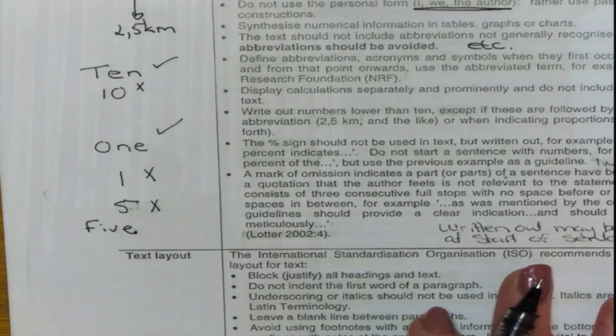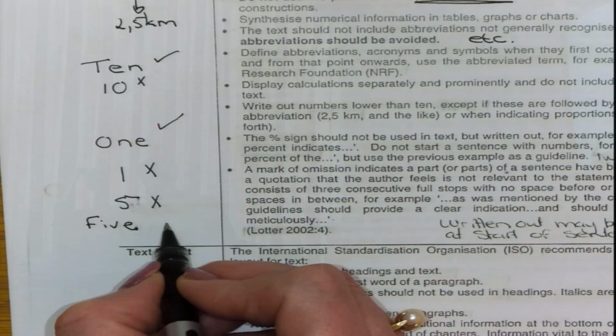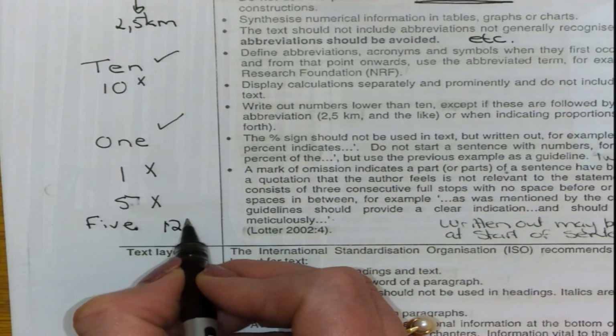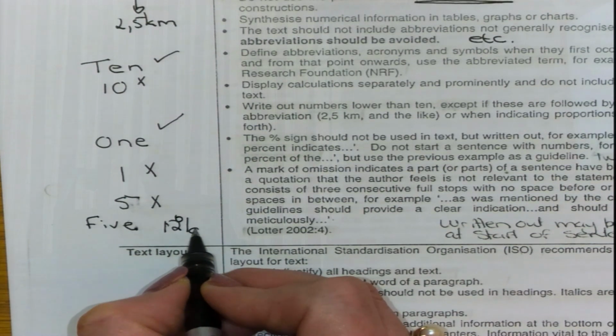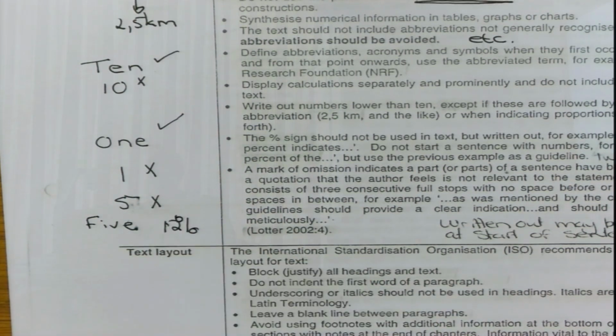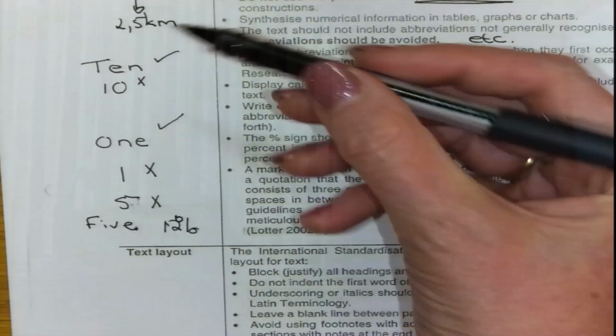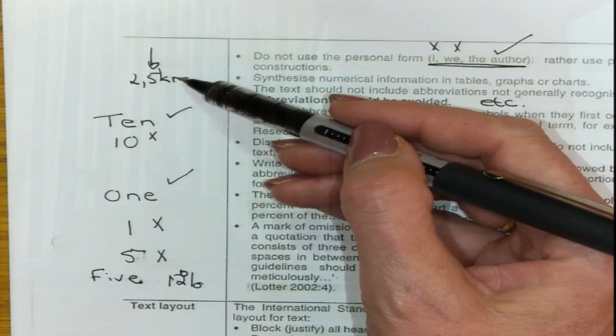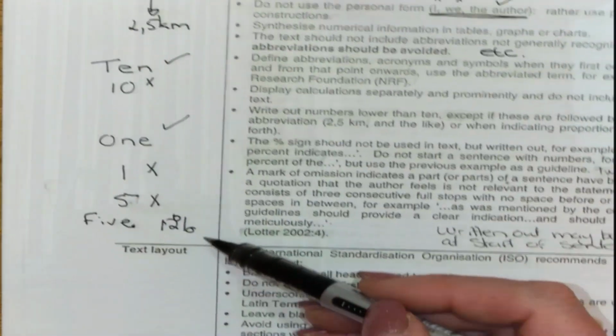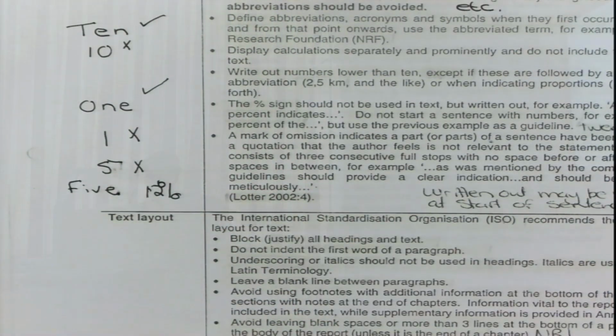So you can write, for instance, 12% without the space in between. Okay, so if you decided to write 2,5 without the space in kilometers, then your 12% must also be without the space. Okay, so now we are looking at really fine technical writing issues, that is rules that should be followed.